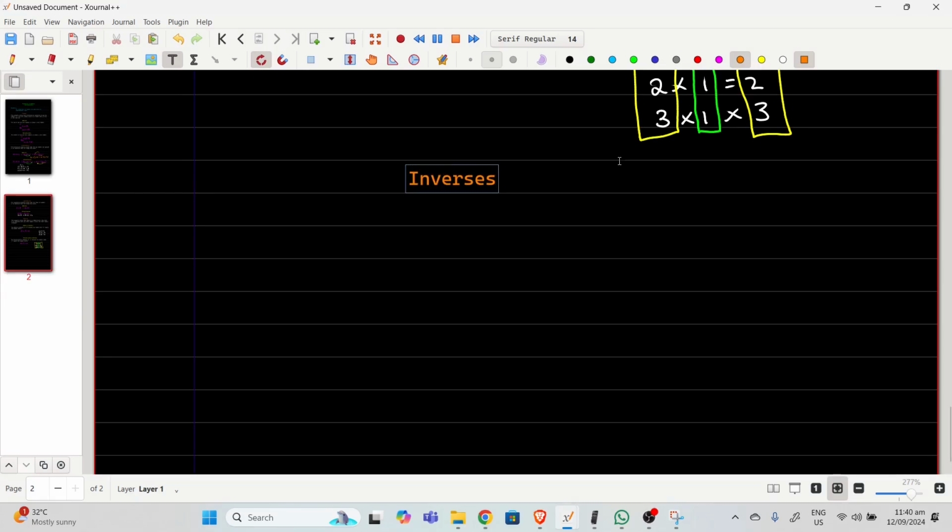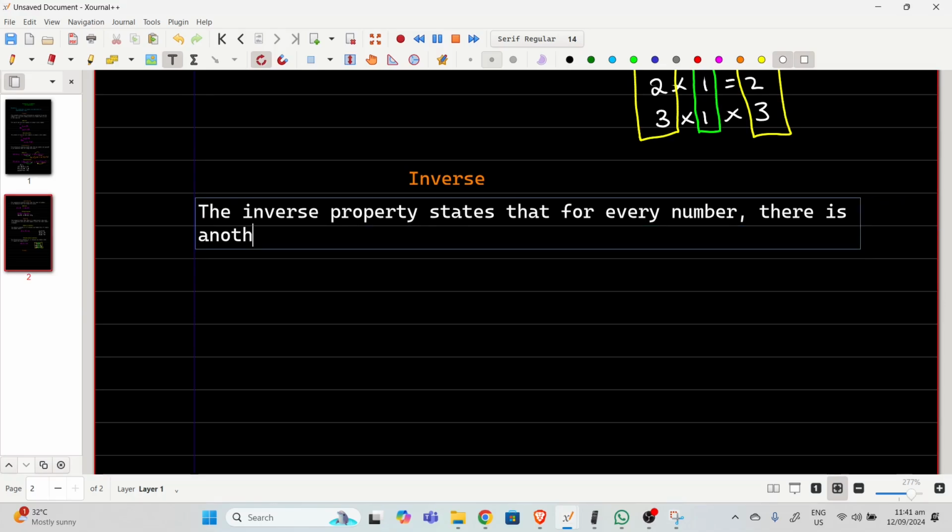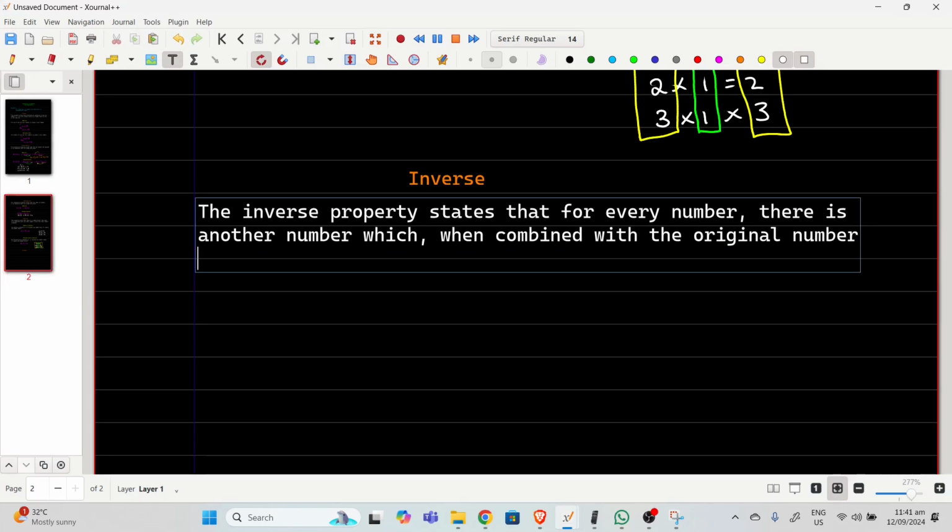The inverse property states that for every number there is another number which, when combined with the original in an operation, results in the identity element.